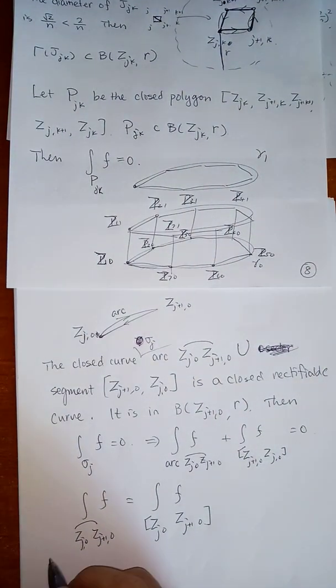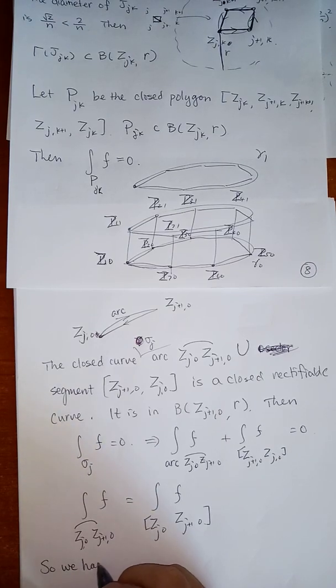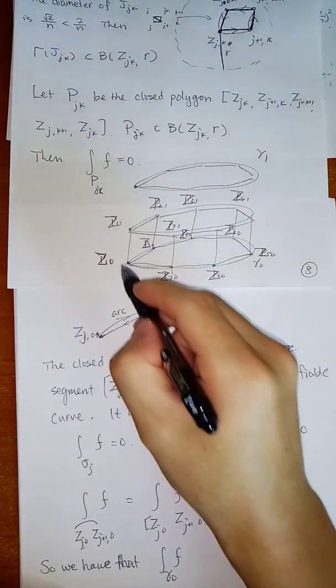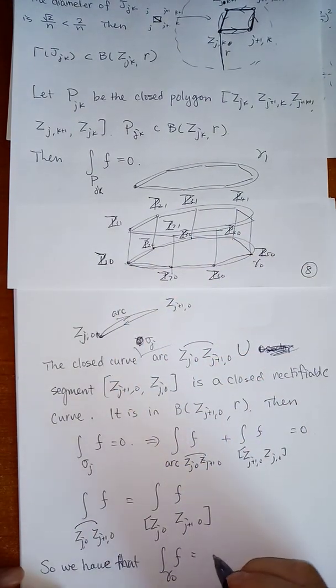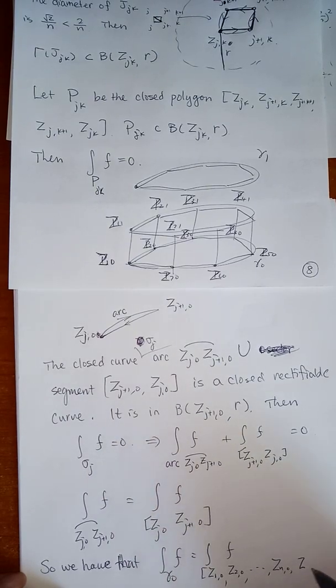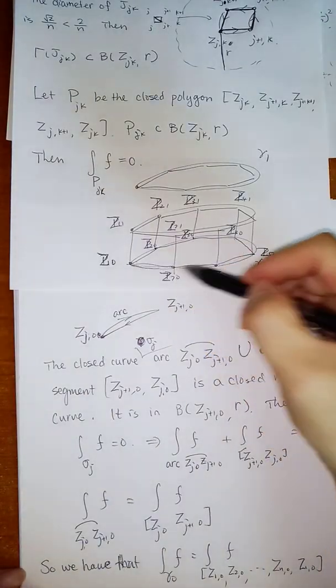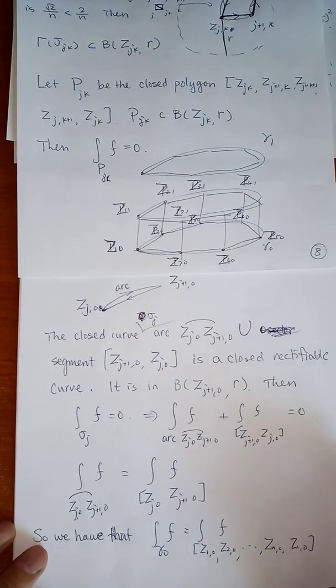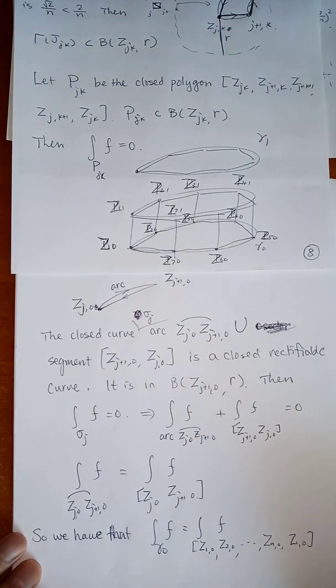Okay, so we have that the integral of f along this initial curve is equal to the integral of f along z10, z20, ..., zn0, and back to z10. So we use a polygon to replace this initial closed rectifiable curve.